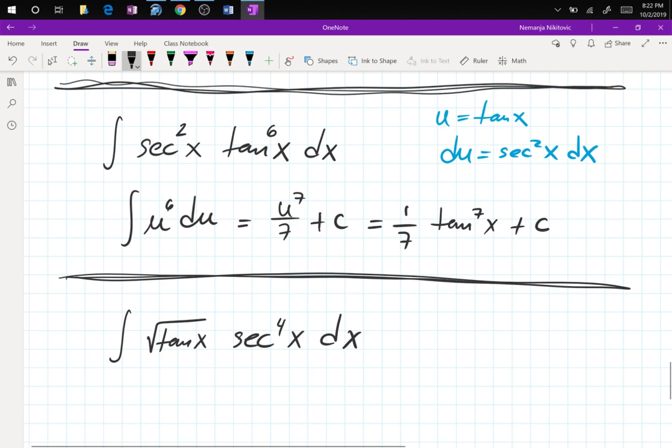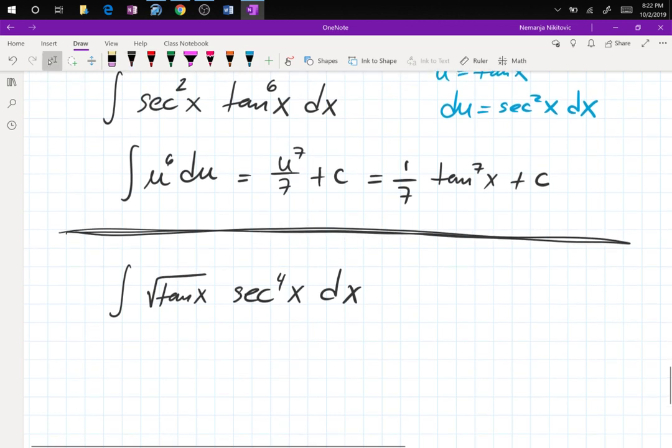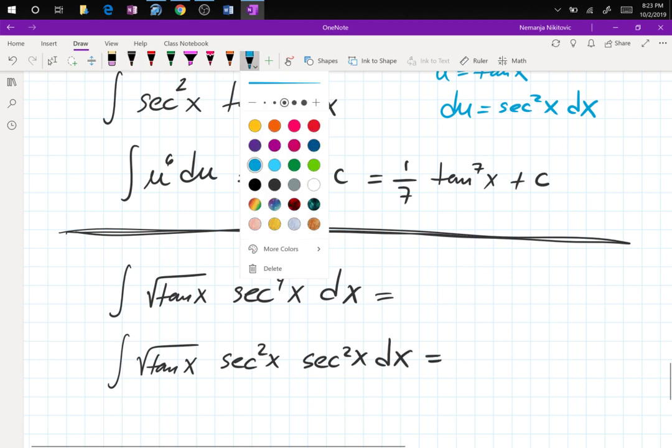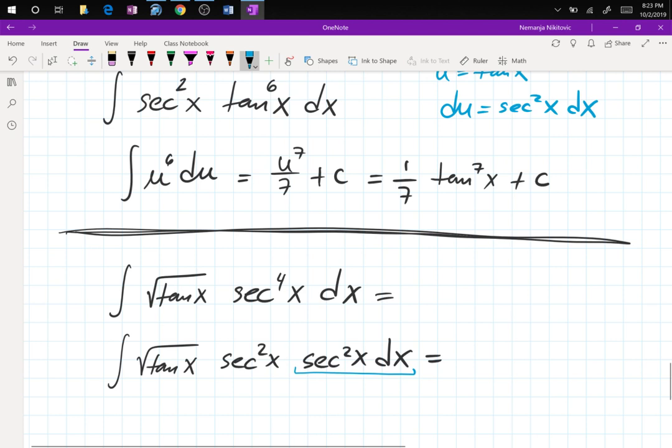Split and then transfer the secants into tangents. So it's a process to learn to see where to break it up and how to transfer. This is going to be the square root of this, we have secant squared x, another secant squared x dx, and I'm going to put the second one over here into the bank for my du.